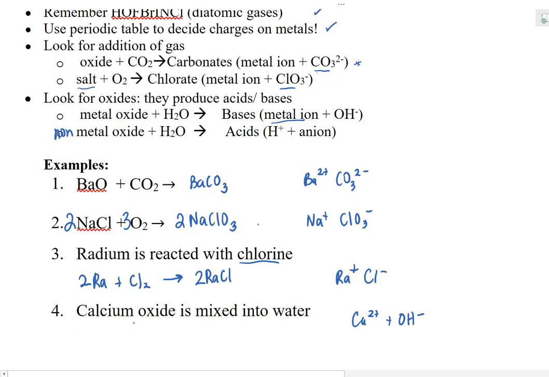I'm sorry. So I have CaO plus H2O. My calcium oxide was Ca2+ and O2-. Join that to produce my calcium hydroxide. To balance this, I look, calcium is balanced, hydrogen is balanced, oxygen is balanced, so I'm good.